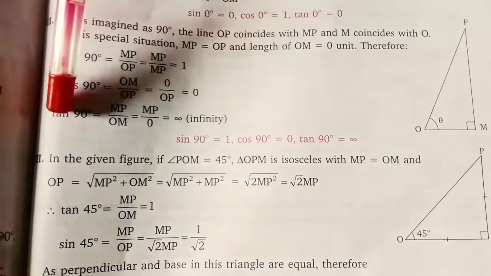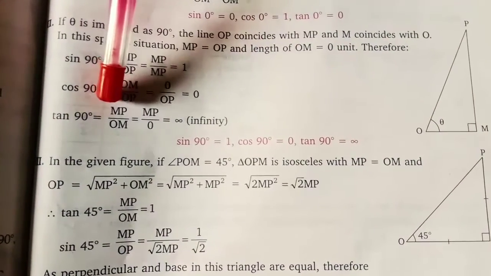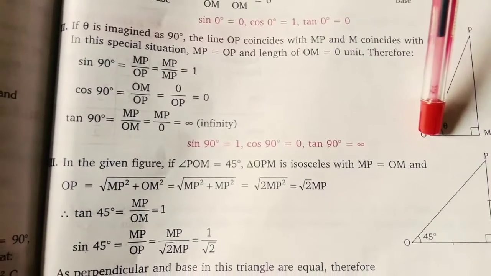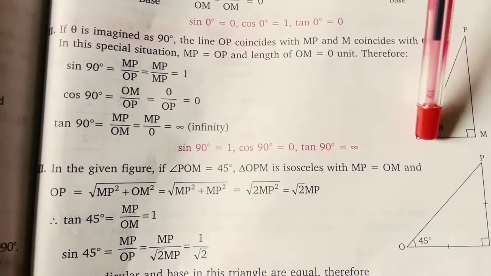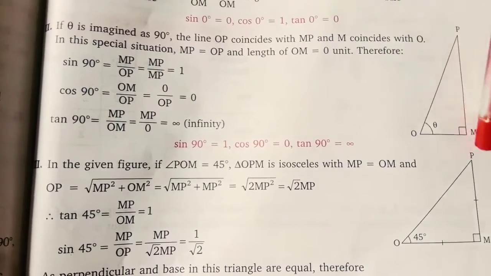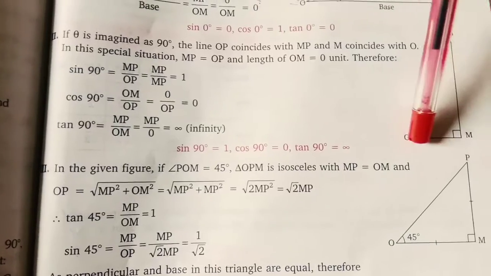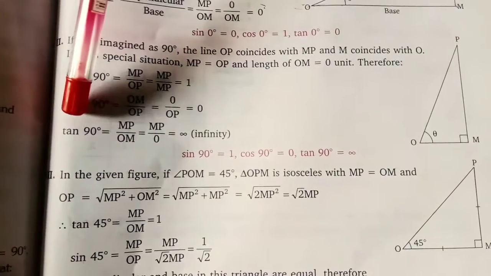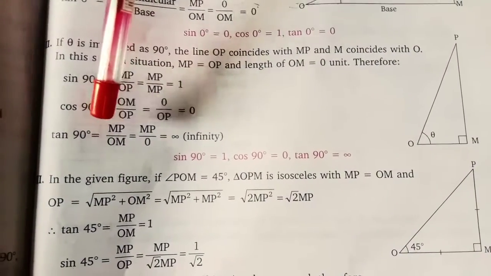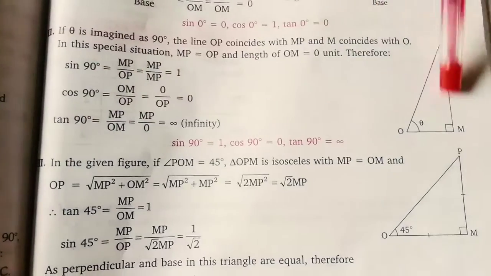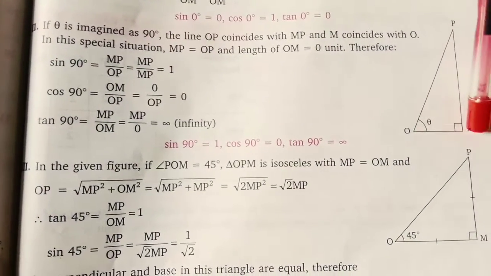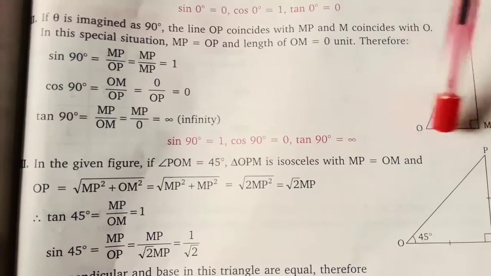Next come to tan 90. In case of tan theta, the formula is what? P by B, perpendicular by base. Tan 90 formula is what? That I have written here. MP by base, perpendicular by base. Here base is what? OM.